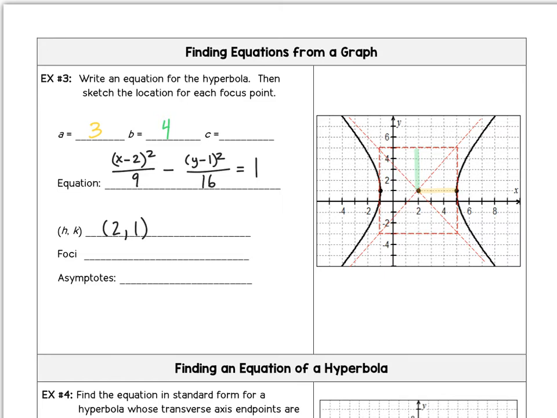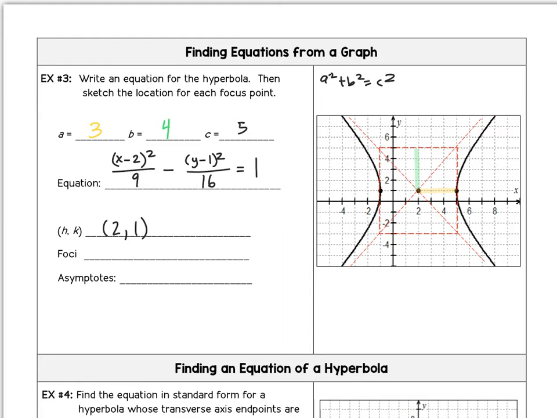Okay, so we need to find c. Well, basically, isn't that the Pythagorean triple of 3, 4, 5? If not, you would use your a squared plus b squared equals c squared just to confirm. But that one comes out to be a Pythagorean triple. As far as the foci, that means it's going to be 5 over from that center.